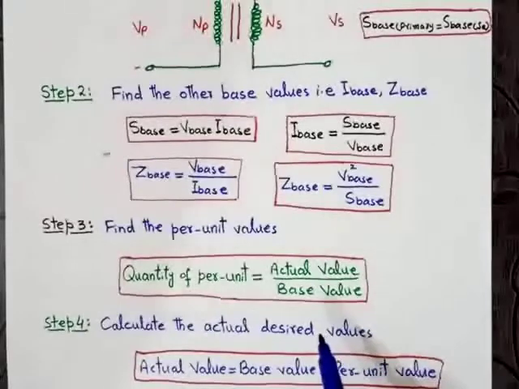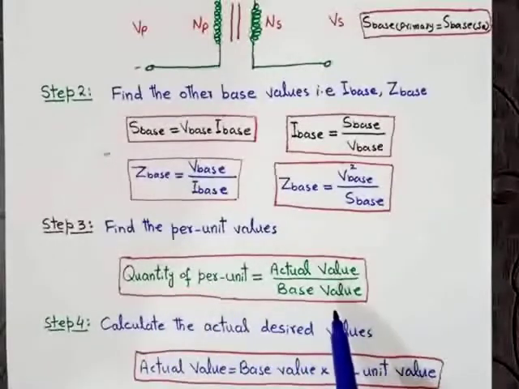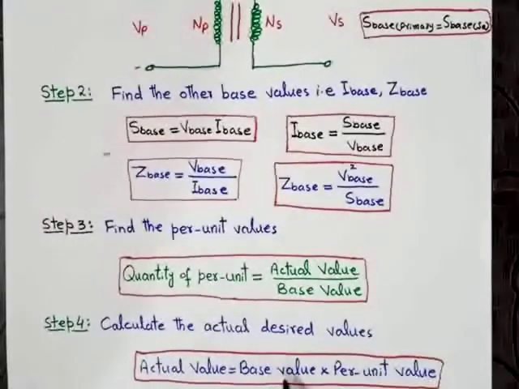As we know, the actual value will be equal to the per unit value into the base value. By using this formula, at the end we will find the actual values of the system.